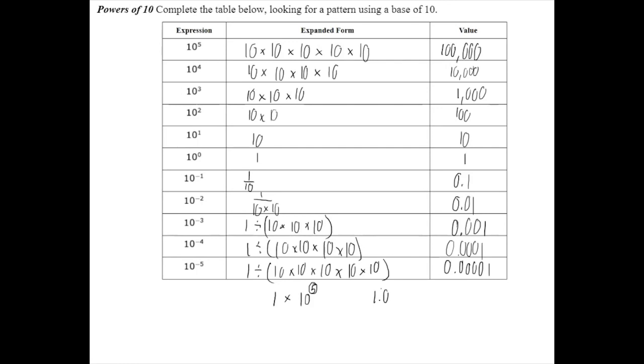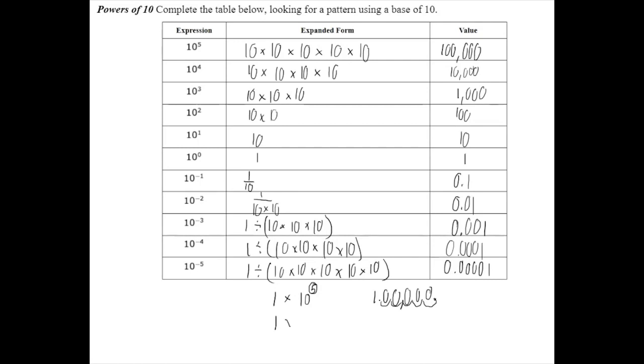So we start with 1.0, and because it's a positive power of 10, we want to move 5 decimal points to the right, giving us 1 jump, 2 jumps, 3 jumps, 4 jumps, 5 jumps. If I write in these zeros now, you'll see that I end up with 100,000, which is the value we got for 10 to the 5.